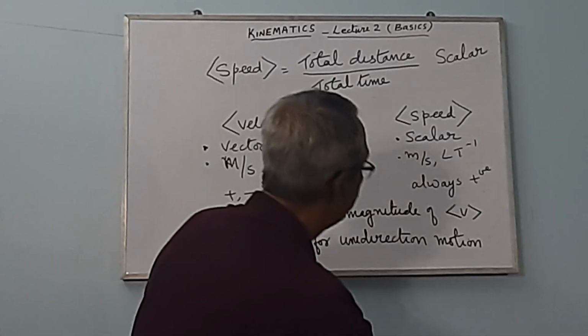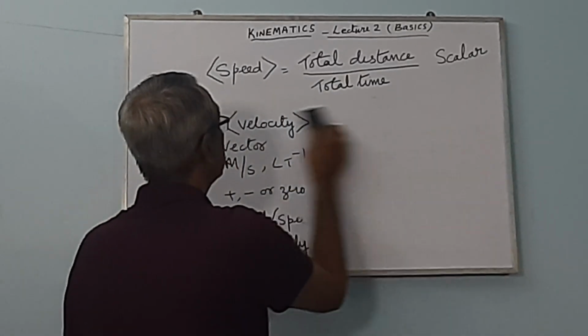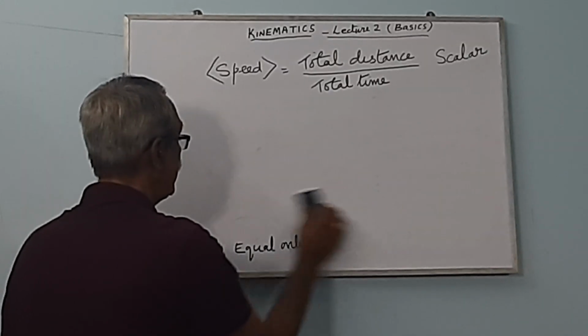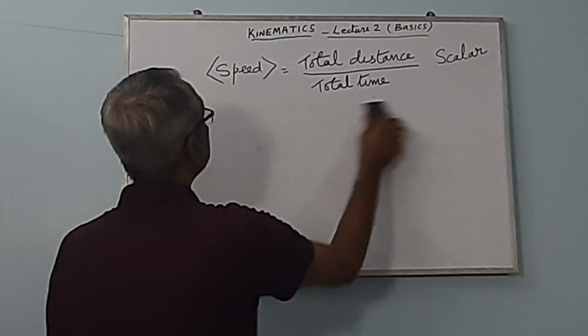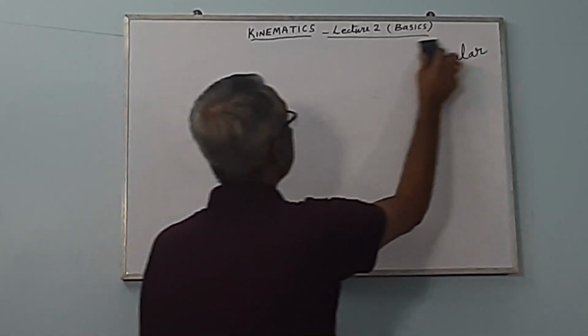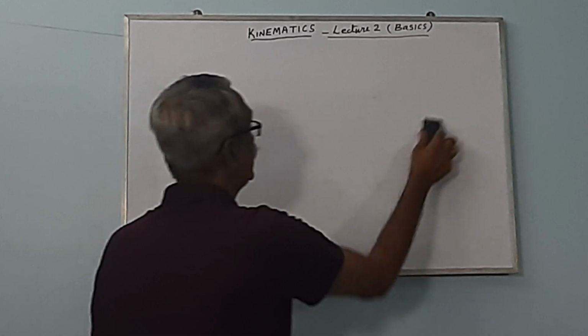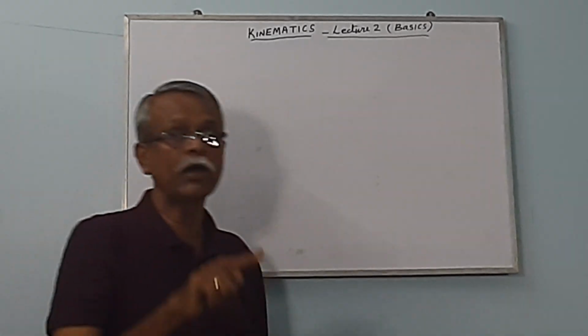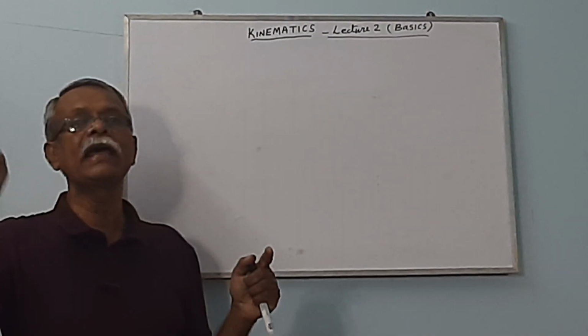In general, they are unequal, but the magnitude of velocity can never be greater than speed. It will always be less than speed or equal to speed. Equal to speed when the particle moves along a straight line without changing direction.